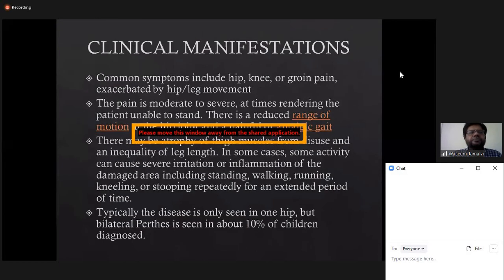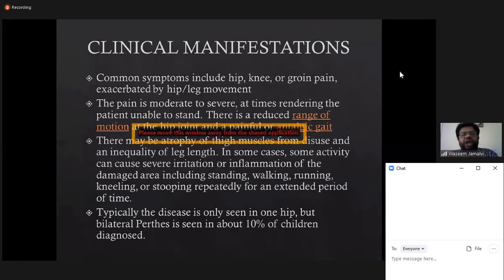The clinical manifestation, as I previously told you, includes pain in the hip, knee, and joint pain, and that is exacerbated by hip or leg movement. If there is hip and leg movement, then there are chances of more severe pain.